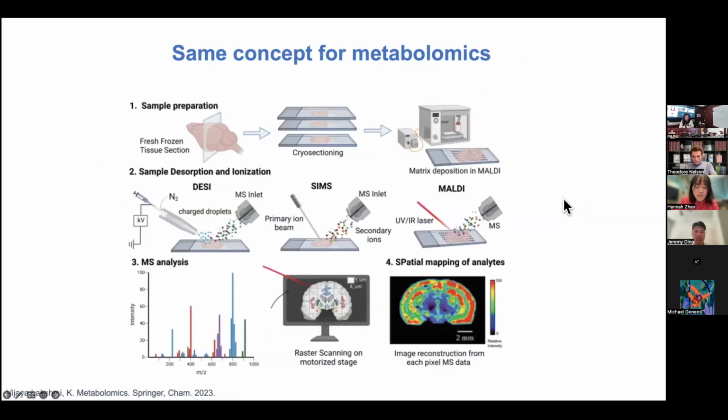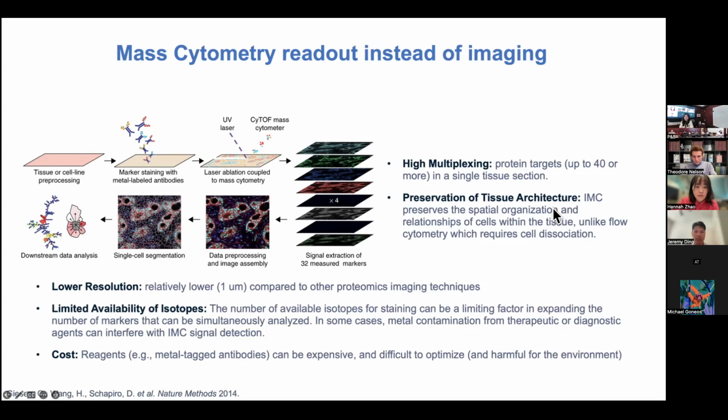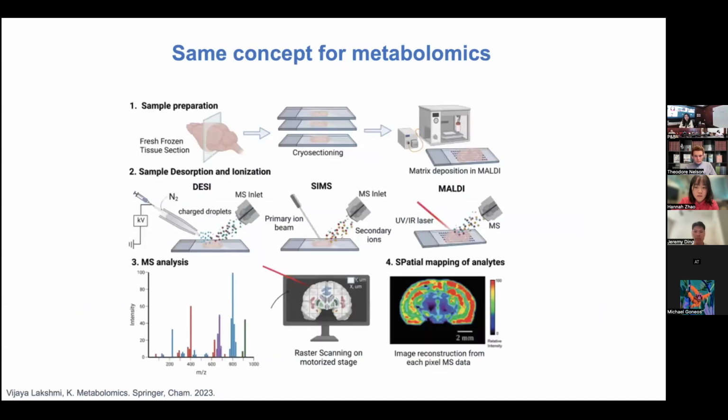There are also methods like MIBI, which is very similar to this concept. That's why I didn't put another slide, but it uses ion beam imaging. This is exactly the same concept that was applied in metabolomics as well. If you're interested in spatial metabolomics, it's a very similar idea of ion beam or mass spec. You can use these specific regions to measure not the metal tags, but the metabolites after you treat them.